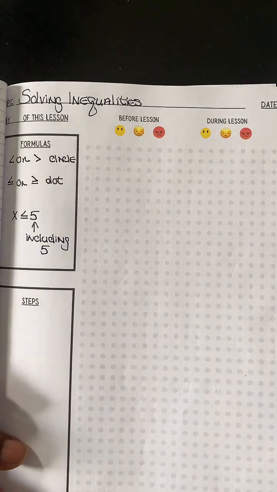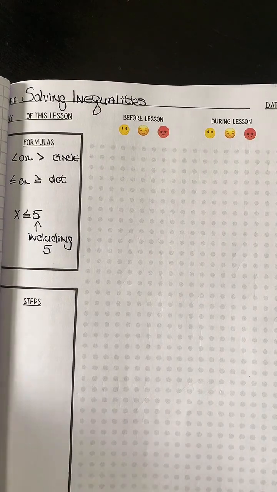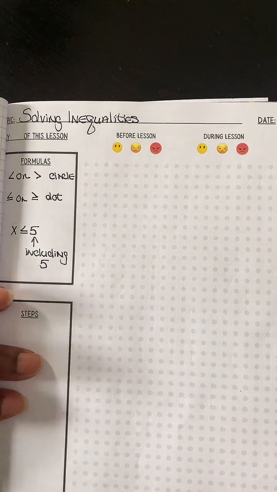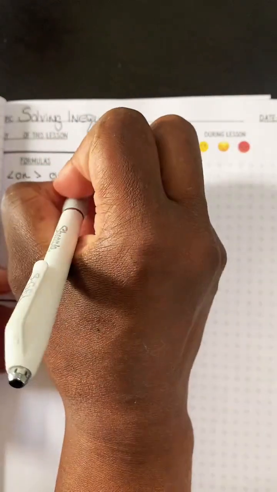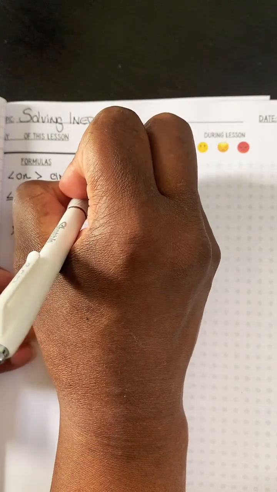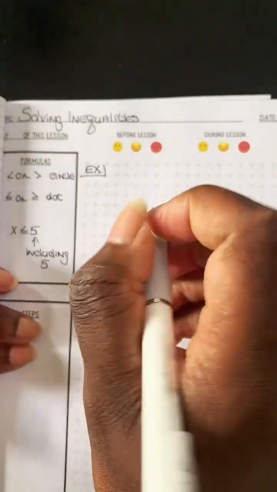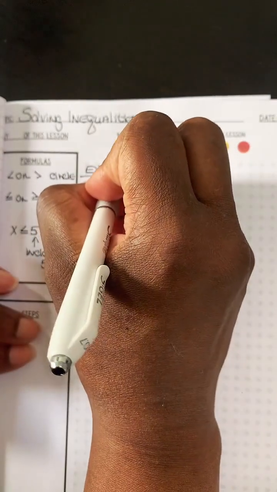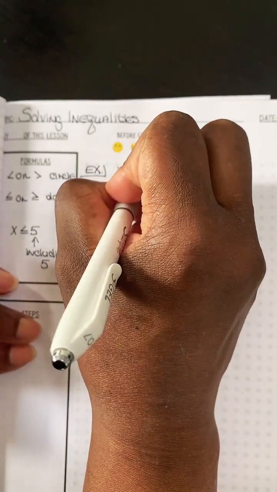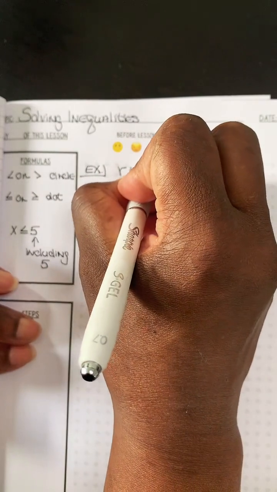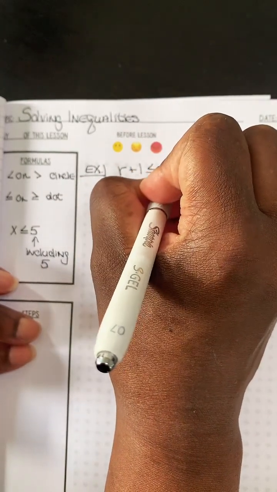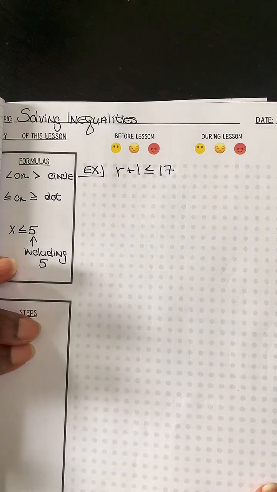Perfect. So now let's go with our first example. If anyone ever wants to know what EX means, example. So let's start off nice and chummy, shall we? All right.